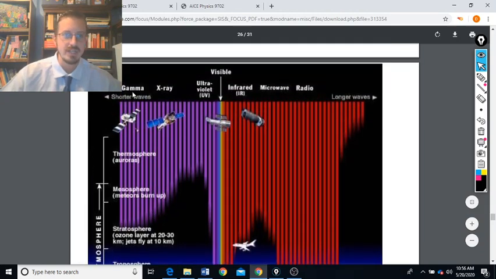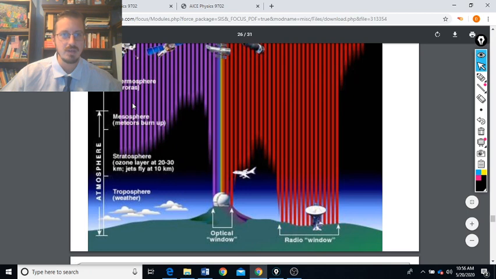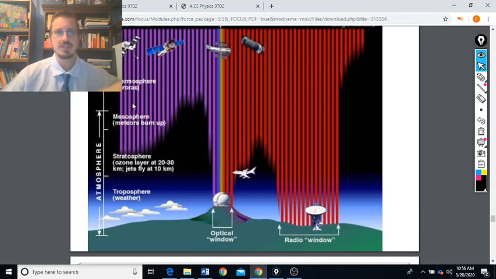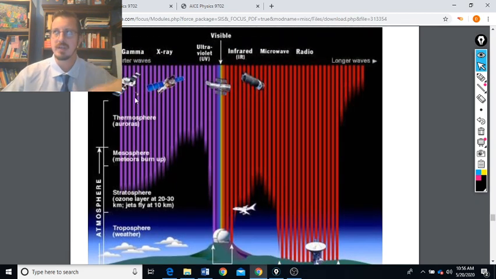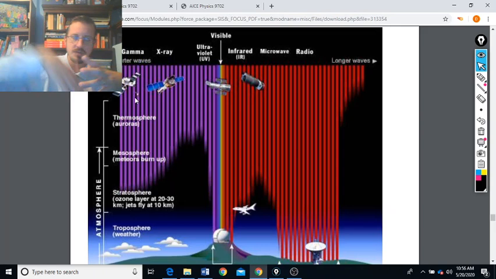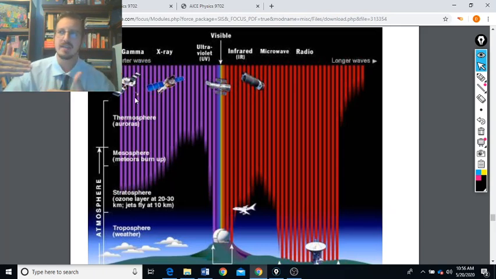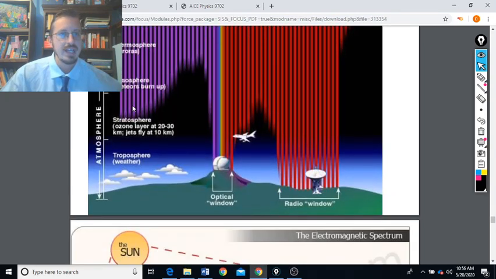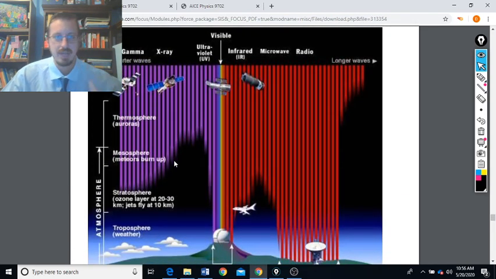Even though gamma radiation is weakly ionizing, as it enters Earth's atmosphere, it's going to ionize some of the particles that it's passing by and lose energy, and so it doesn't make it all the way down to Earth's surface. That's connected back to the radioactivity chapter.